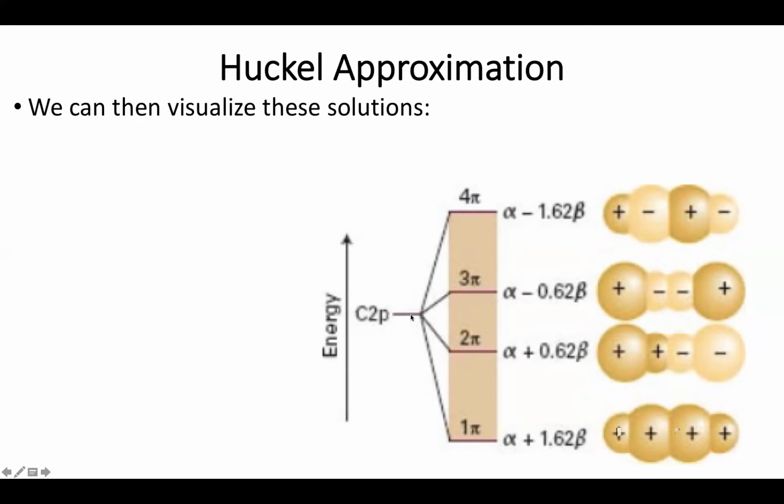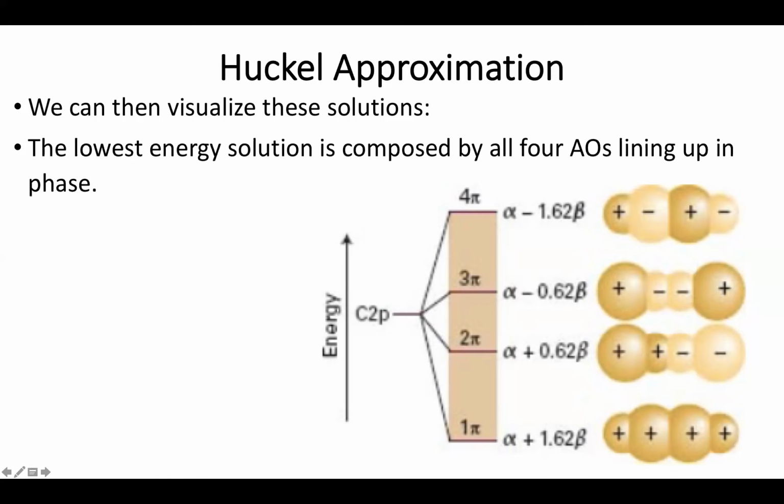Similarly, I get the highest energy species by having as many nodes as possible. That means I'm going to have a node in between each atom center, which means electrons are not going to be localized in between the atoms, which provides a lot more repulsive character. So this is our ultimate bonding orbital, and this is our ultimate anti-bonding orbital.